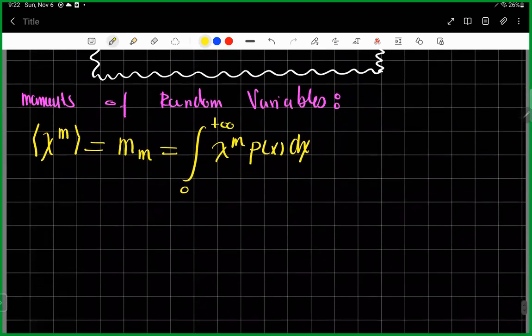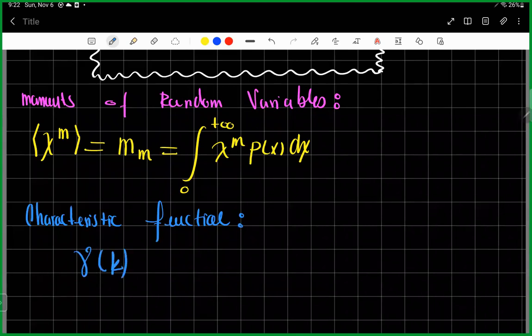Now, there is a very, very useful trick in statistical mechanics and probability theory that comes from something called the characteristic function, which we may define down here. The characteristic function, we denote it as gamma of k. Well, k is just a variable that we will relate to the Fourier transform in just a minute.